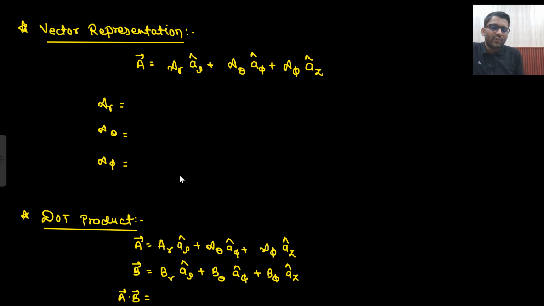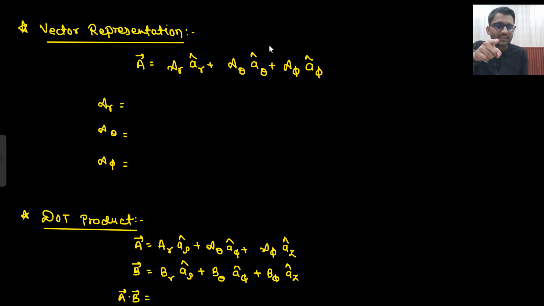Vector representation. How will you get AR? What is AR? If I am going in vector A, then how much distance am I traveling in the R direction? R theta phi. So what is AR? AR is the distance traveled in the AR direction.